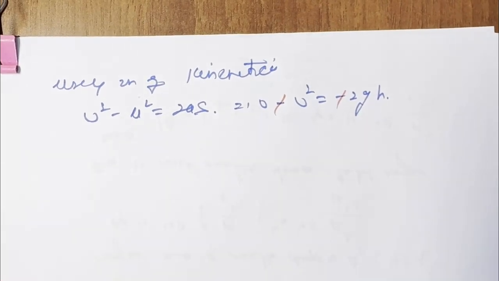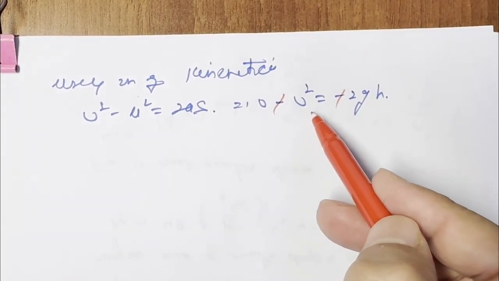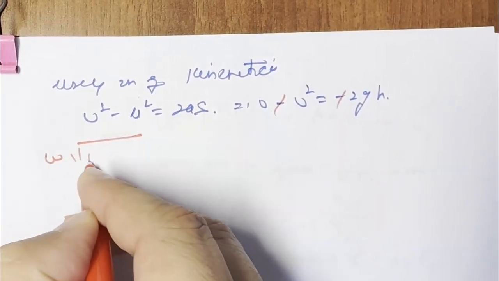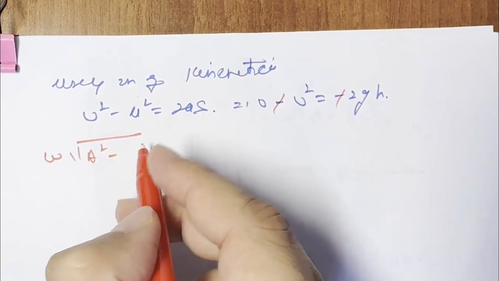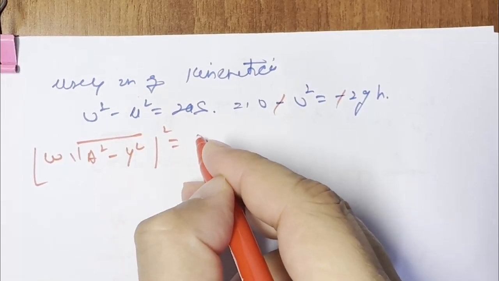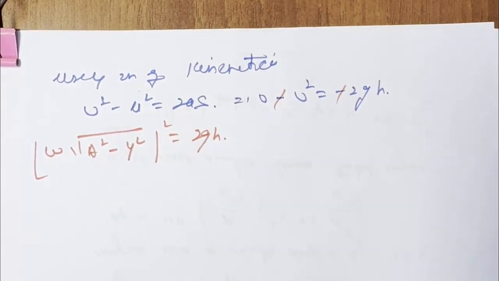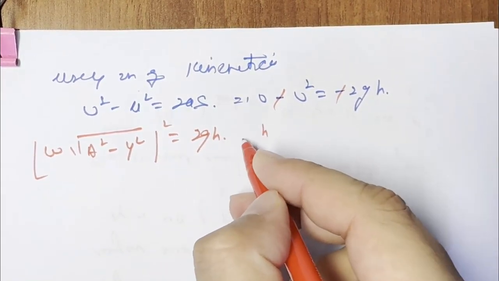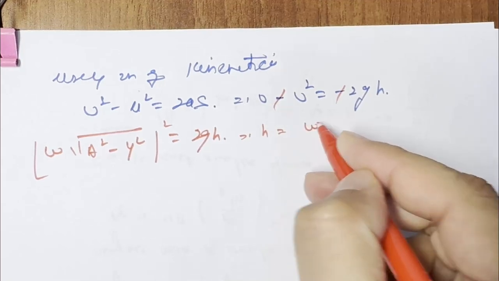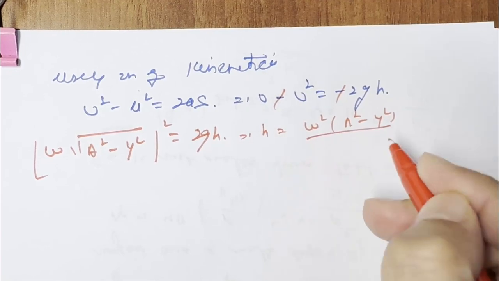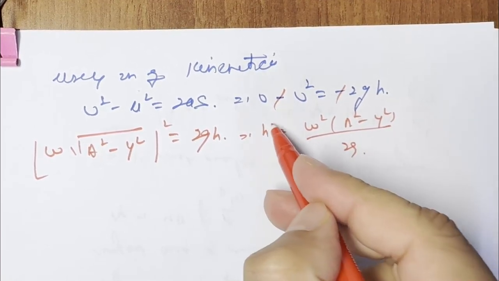So omega square root of a square minus y square, whole square, is equal to 2gh. From here we can find h. h will be equal to omega square times a square minus y square divided by 2g.